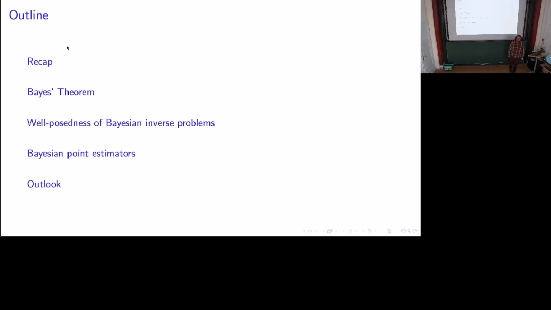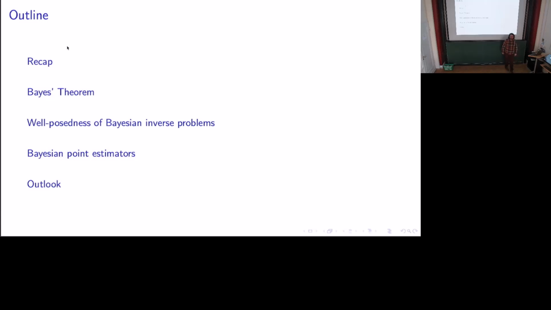What I hinted at before was that inverse problems usually are actually ill-posed. So there could be multiple solutions, there could be no solutions, or solutions could be unstable in the data, which is annoying. I will try to persuade you that Bayesian inverse problems are almost always well-posed. So it's actually not trivial to give an ill-posed example for Bayesian inverse problems.